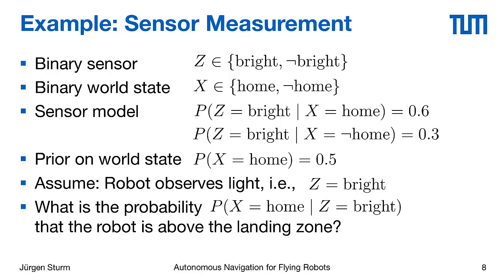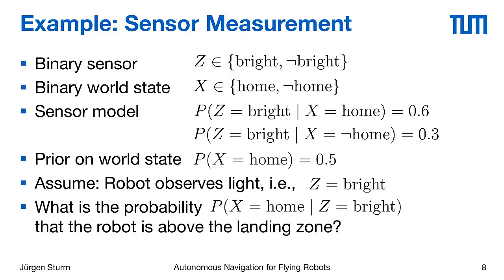And by flying around at other places, we might furthermore measure that the brightness sensor also occasionally detects brightness when we are not above the landing site. This value could be specified as 30%.